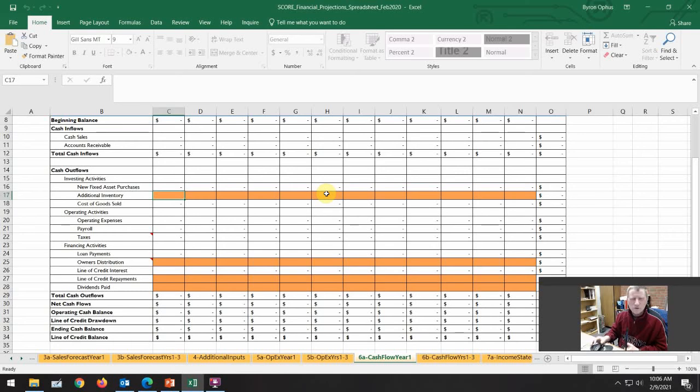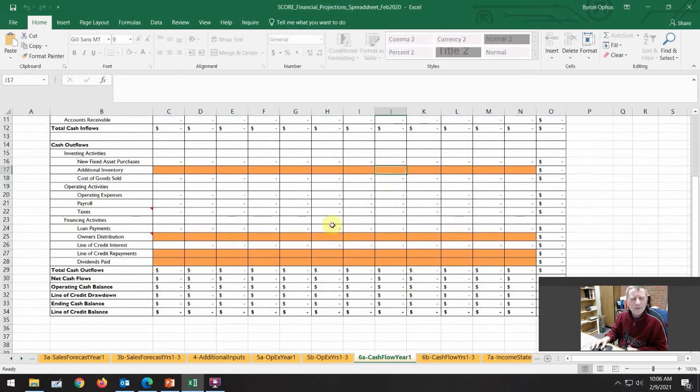If for some reason you were starting a business and the seasonality of it meant that January through August you weren't going to need much, but in September you might need a big bump up, you could add some inventory in there and plug in a number. I want to add $5,000 worth of inventory. That's a possibility. For most of us, it's probably going to be unnecessary, right? For this type of project. Okay, I'm going to skip down.